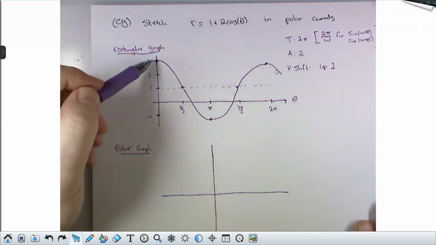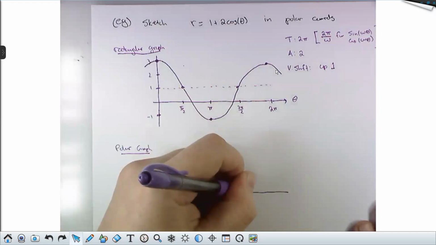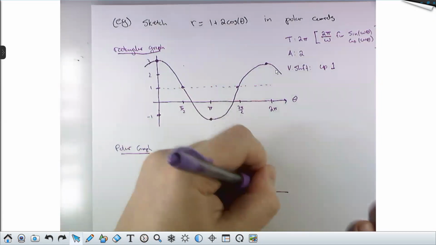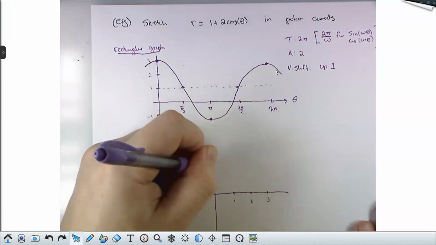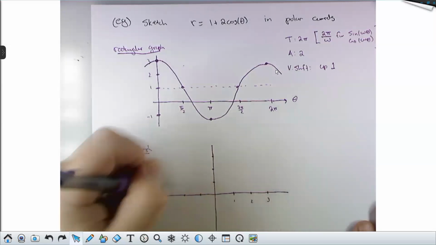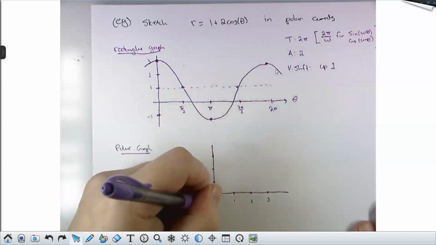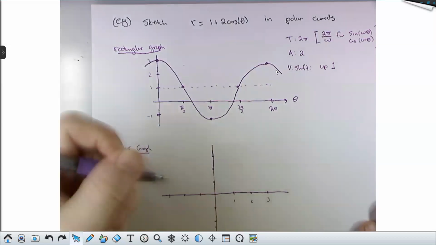My radius goes up to a maximum of 3, so I should mark off like 1, 2, 3, 1, 2, 3, 1, 2, 3.